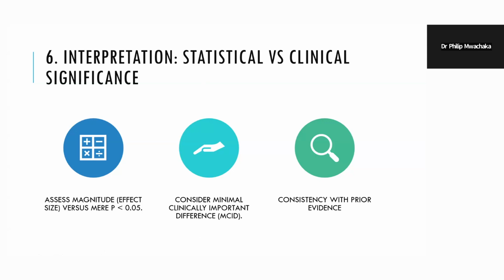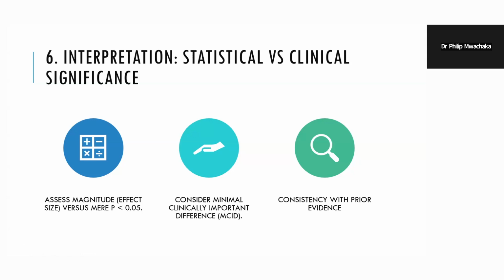You remember when COVID came in, people were testing very many interventions, and whatever intervention was shown to have some clinical benefit was allowed to proceed, and those drugs were made available for use. So it's extremely important to always think of that. And then in terms of interpretation, consistency with prior evidence.